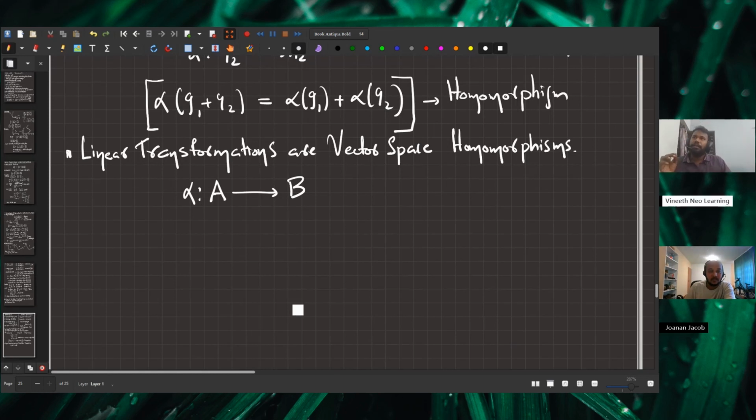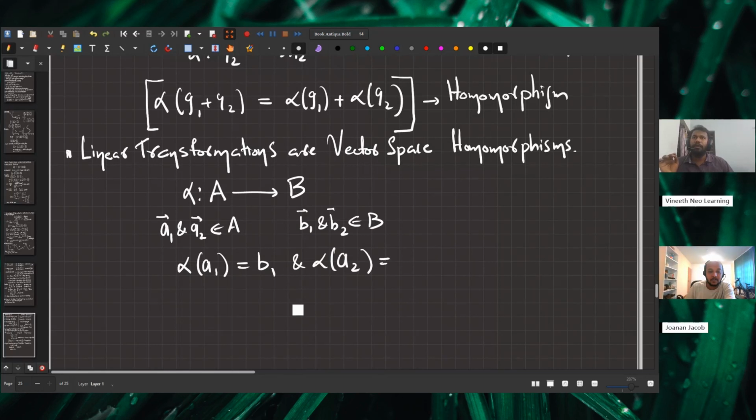If A1 and A2 are vectors in A, and B1 and B2 are vectors in B, and alpha of A1 is B1 and alpha of A2 is B2, then alpha of A1 plus A2 should be equal to alpha of A1 plus alpha of A2, that is B1 plus B2.